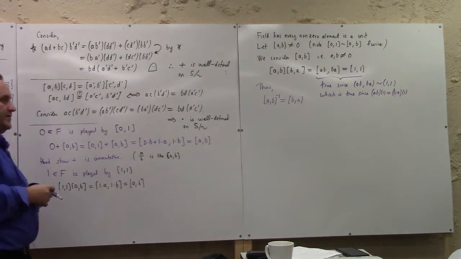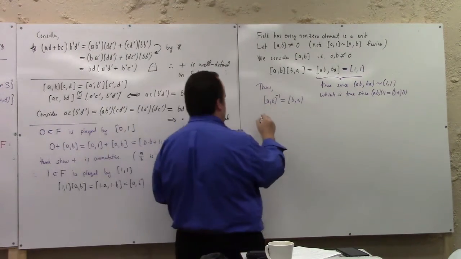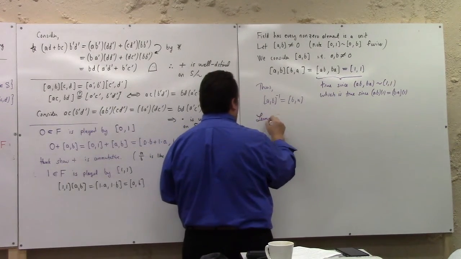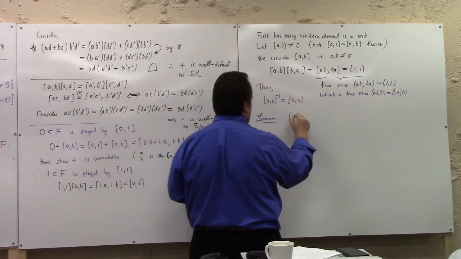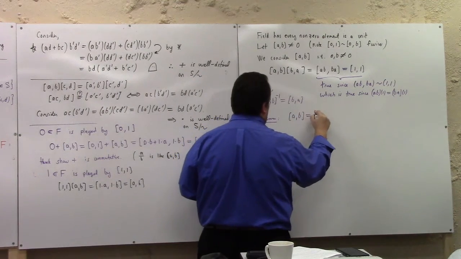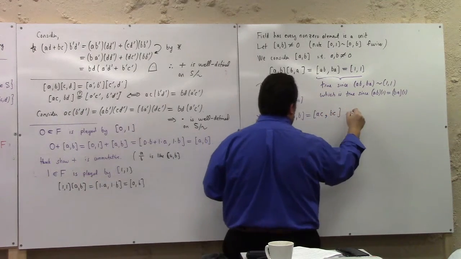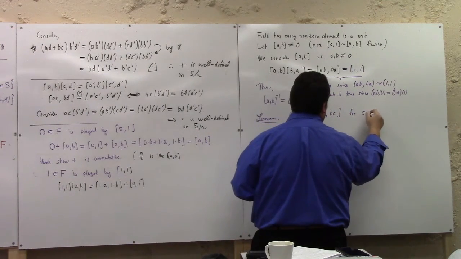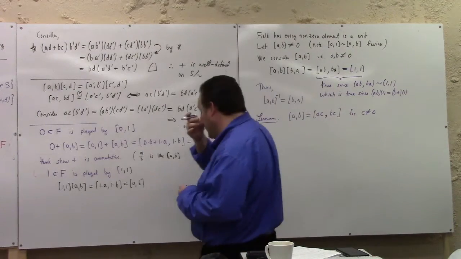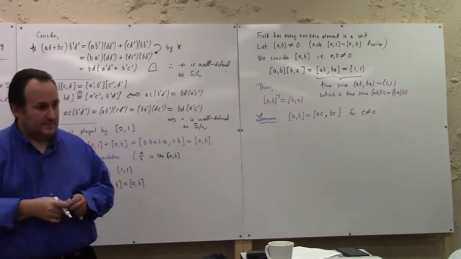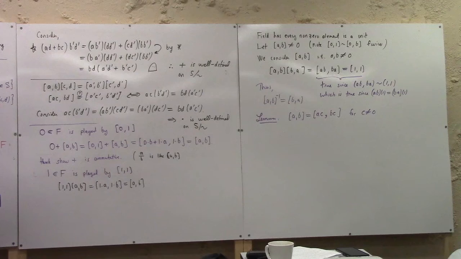You can prove more here too, by the way, like here's a lemma: (a, b) is equal to (ac, bc) for c not equal to 0. You could prove that as well.